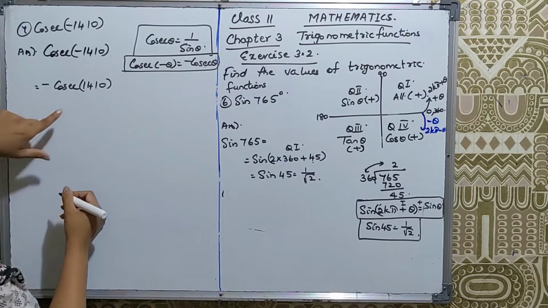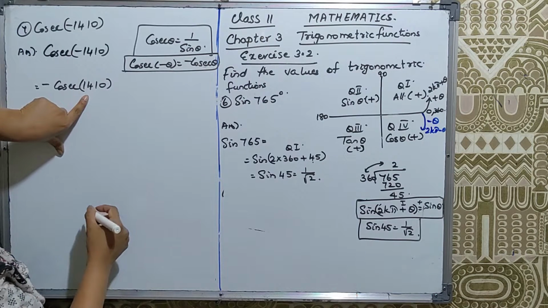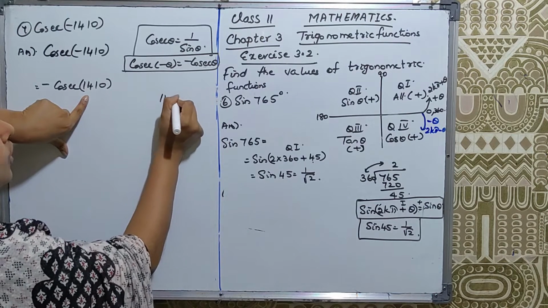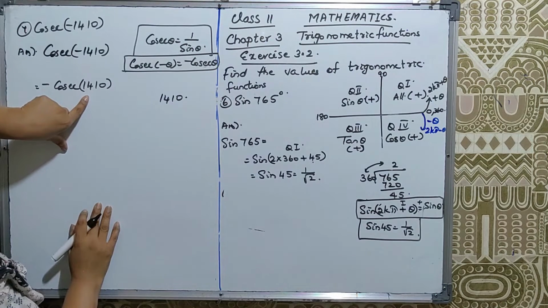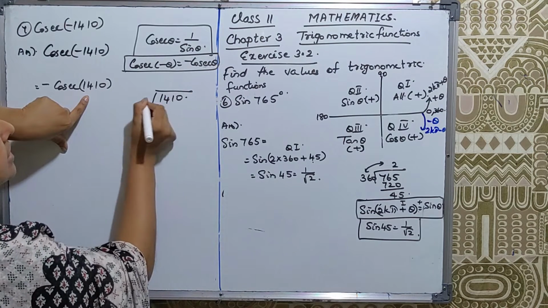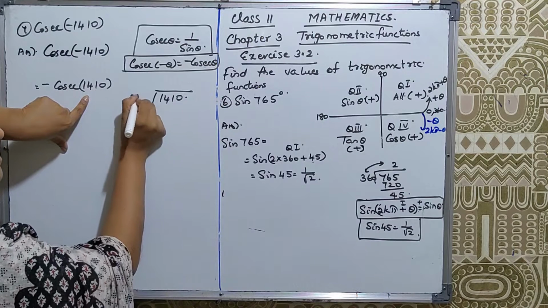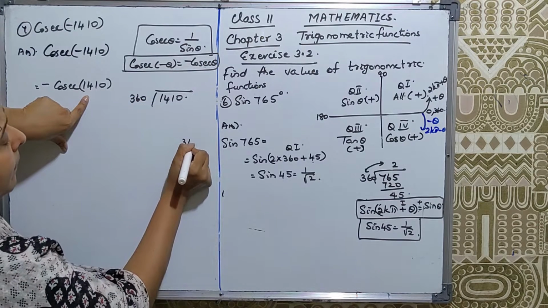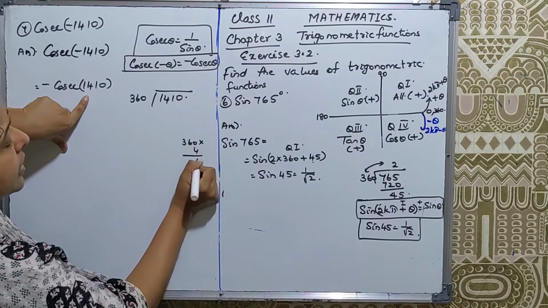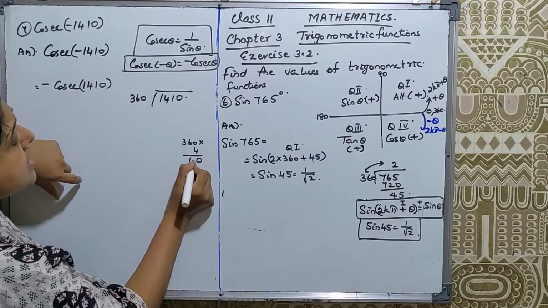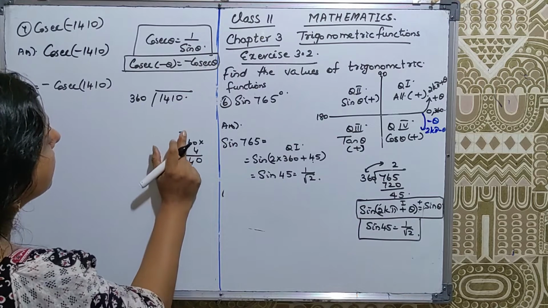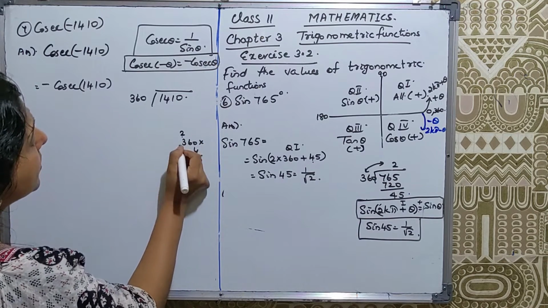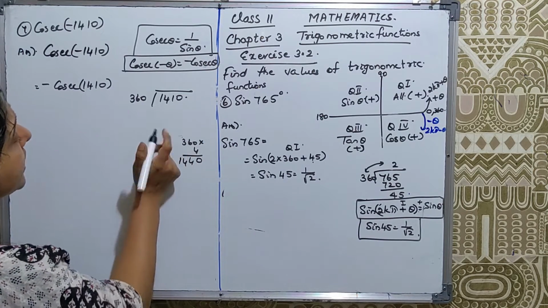Now we'll take that as a multiple of 360. 1410 is closer to 1440. So 360 into 4: 6 fours are 24, remainder 2, 12 plus 2, 14. 1440.